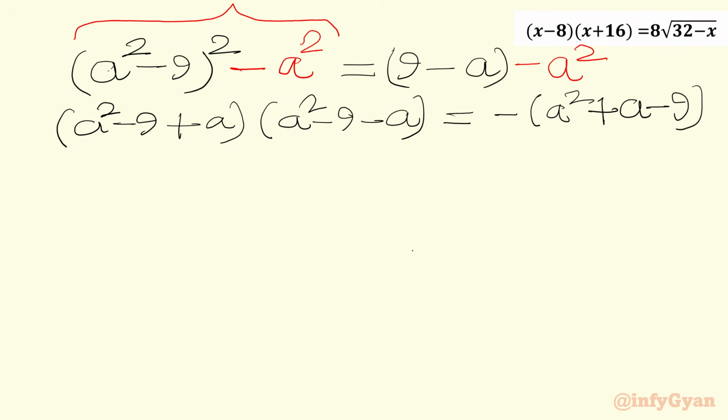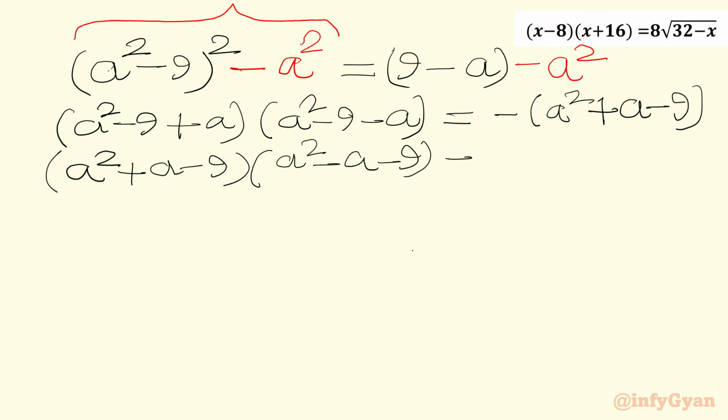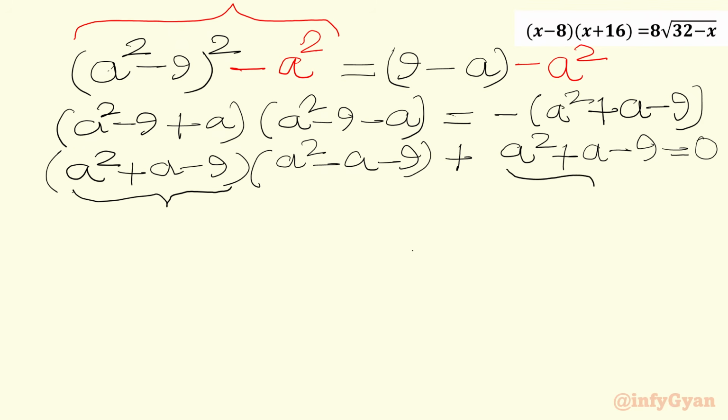Now we will write all the terms to LHS. We will get a square plus a minus 9 times a square minus a minus 9, plus a square plus a minus 9 equal to 0. Now we have a square plus a minus 9 overall common, so we will take it common out.